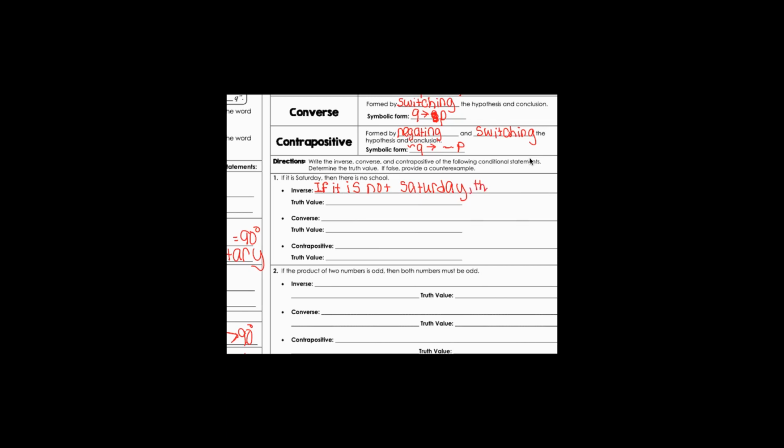So then there is school. That's a confusing one. We have a double negative. So then we have to think about, is that true? In most cases, yes, if it's not Saturday, there is school, but what if it's Sunday? So it has to be false because it could be Sunday.